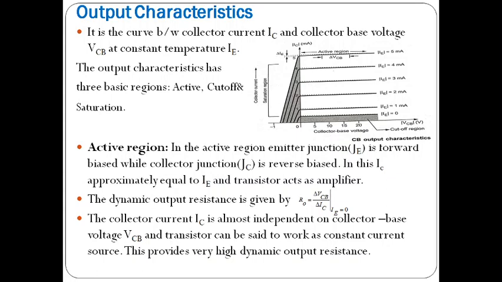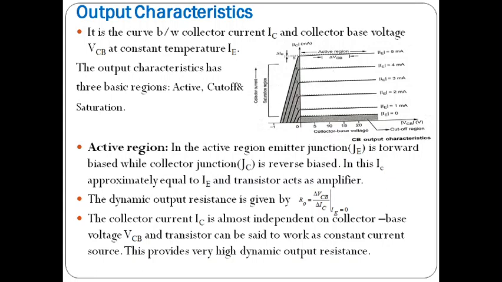How? Here the collector current is almost constant and does not depend on the applied reverse bias voltage VCB. It is independent of the reverse bias VCB voltage, so this transistor can act as a constant current source.